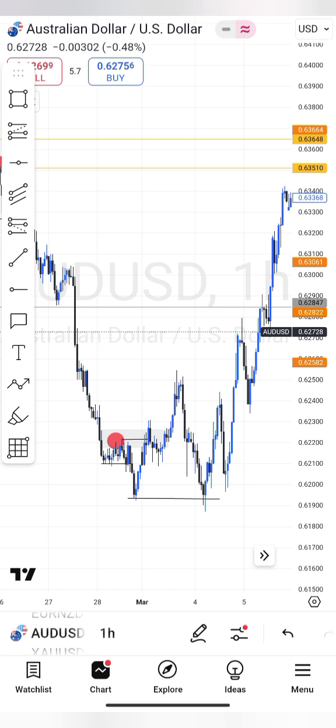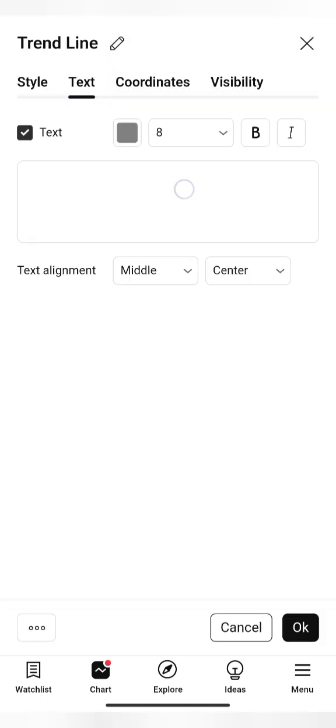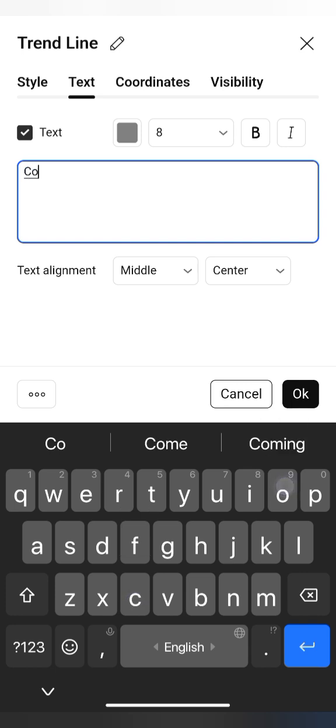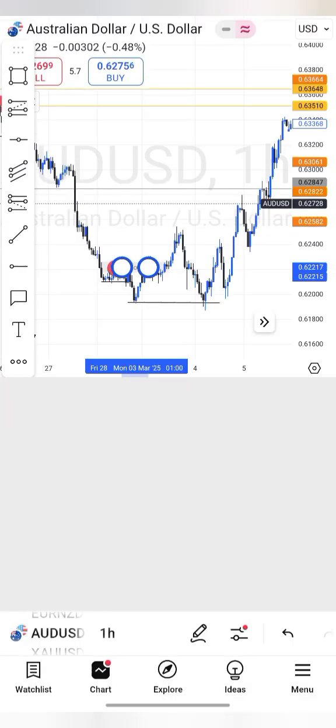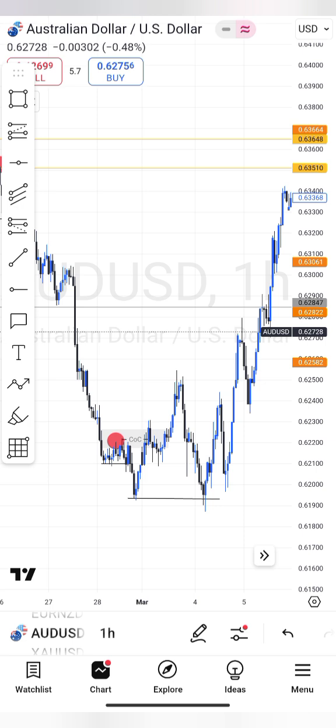Market took it out. When market took it out, this point becomes what? Your change of character, because it's supposed to be a strong high because it created what broke the structure here. Okay, so at that point, market took it out. That's fine. Change of character.